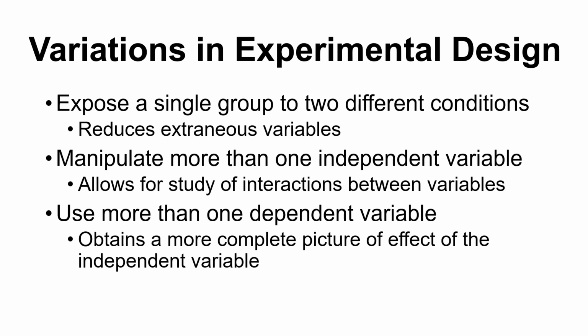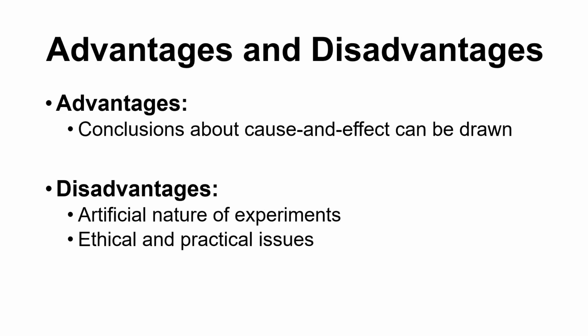So we get a better idea of what's happening, of what's being influenced by that manipulation. So these are just a couple of the ways that you can get away from our standard basic experimental design. And so, of course, we want to talk about what are the advantages and disadvantages of conducting experimental research.